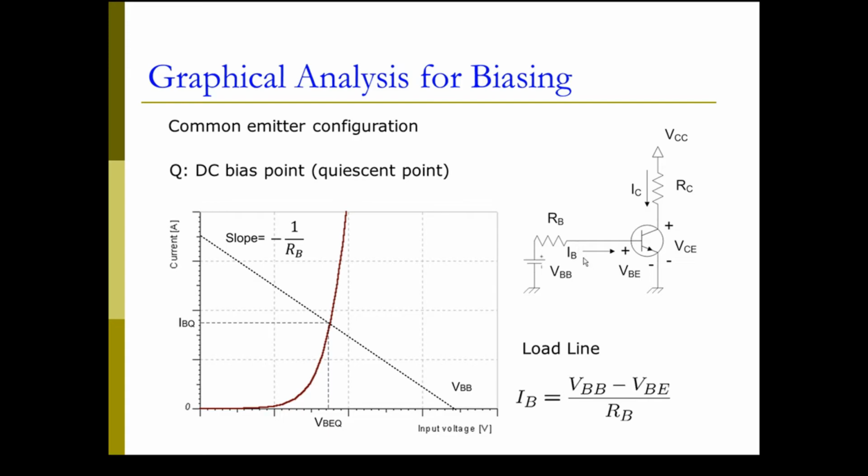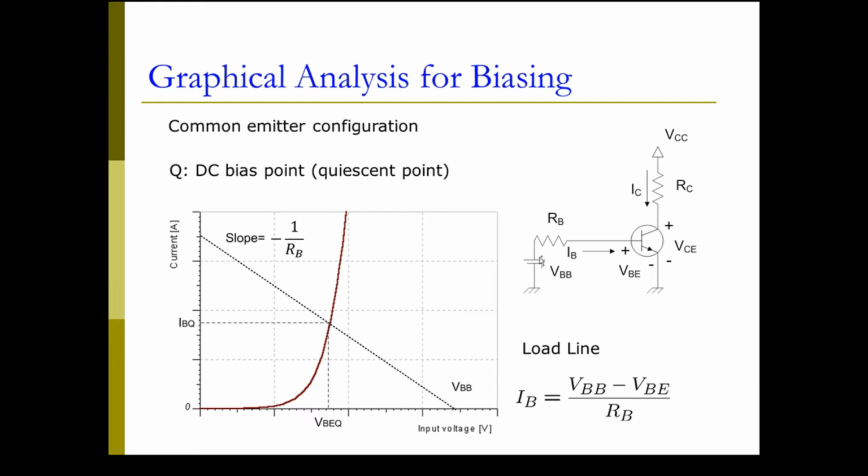In order to find out where's the exact biasing point, or we call it the quiescent point, or working point, of this common emitter configuration, we can rely on the load line equation. Now, in order to get the load line equation, we do the same thing as we did in the diode.